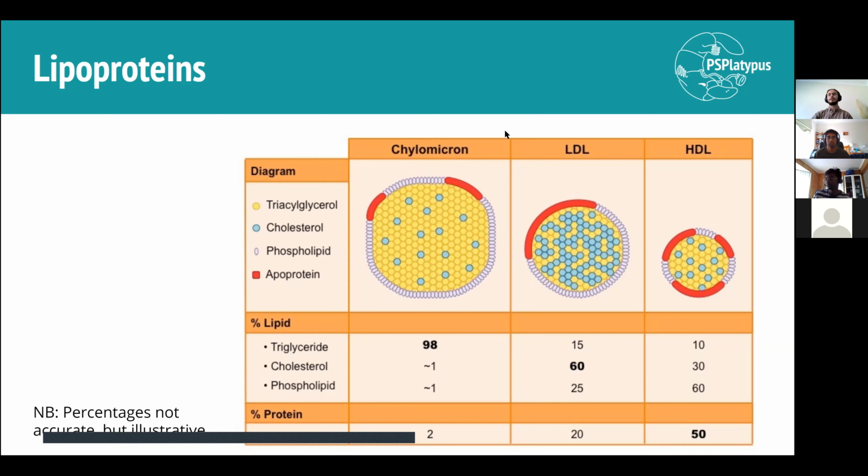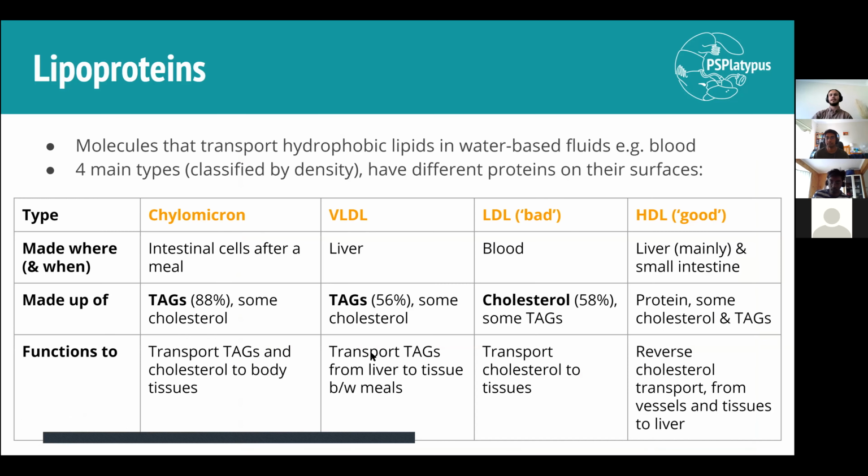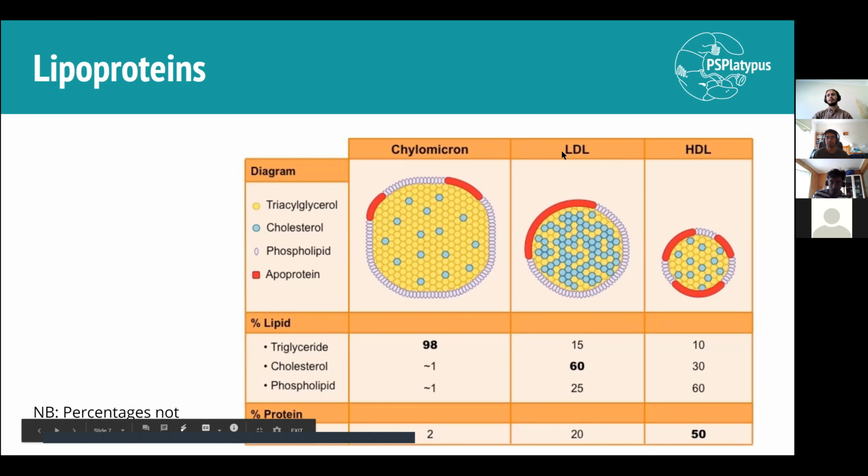Very low density lipoproteins, not pictured here, come between chylomicrons and low density lipoproteins in terms of density. They are involved in transporting lipids from the liver to body tissues between meals. Low density lipoproteins transport cholesterol predominantly.